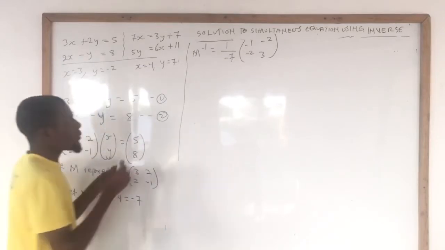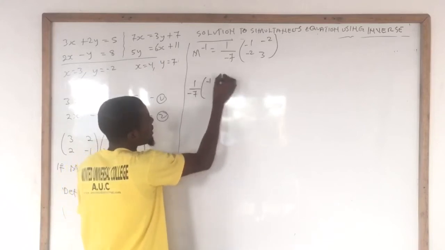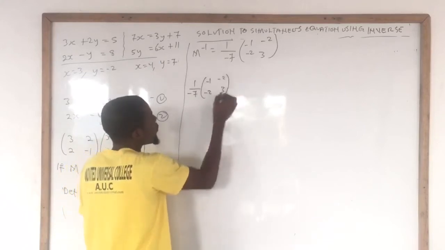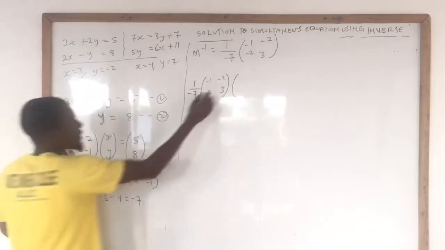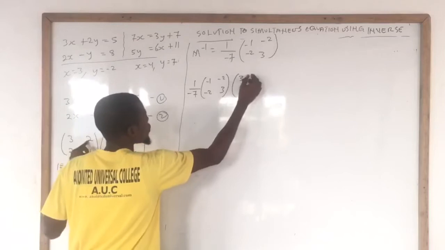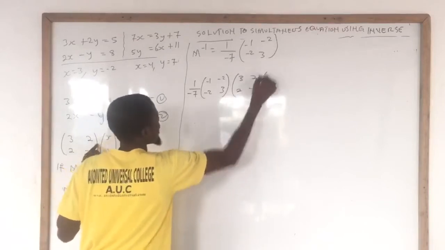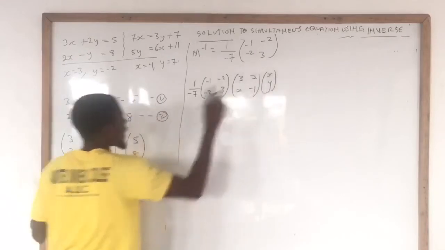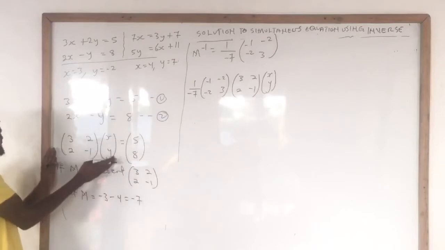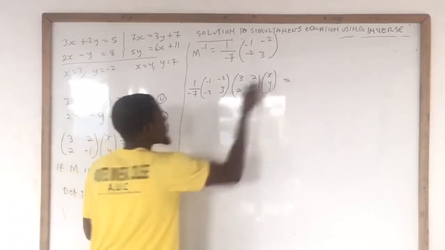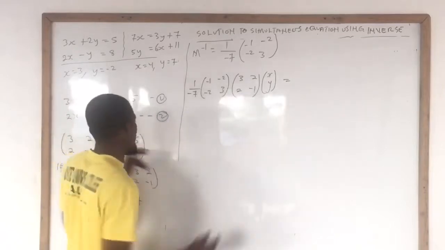So we multiply the inverse to this side of the equation, which is 3, 2, 2, 1, and then x, y. I've multiplied this inverse to this side of the equation, equals, and I also multiply it to this side of the equation.